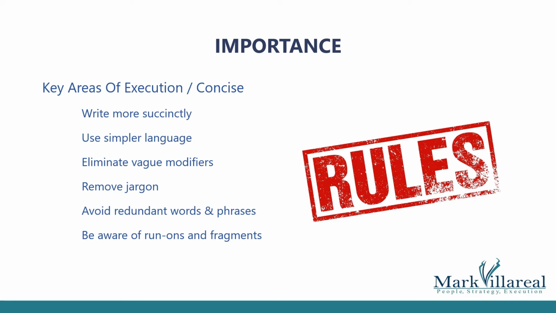And even if they are, try to remove it, spell it out, keep it simple. Avoid redundant words and phrases. Redundancy may sound good, but it really just adds more confusion. And also be aware of what we call run-ons and fragments. We'll speak to that in a minute.